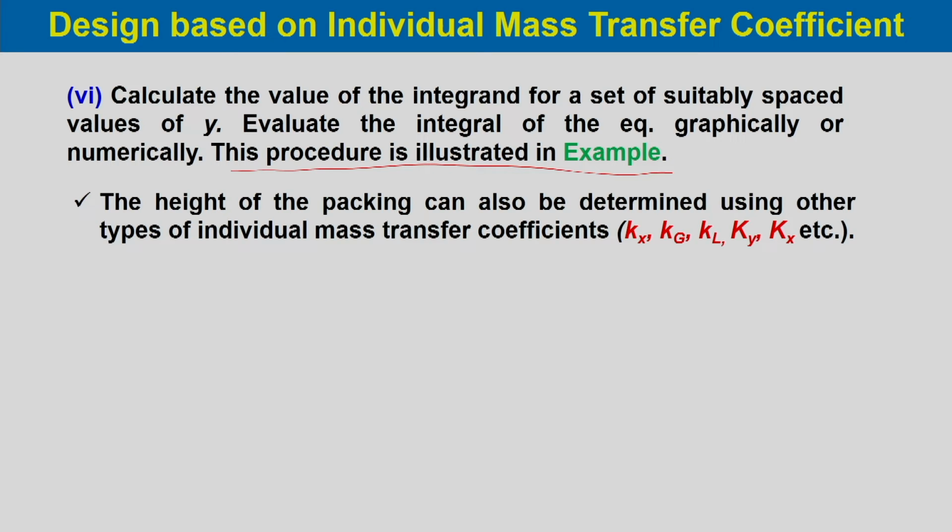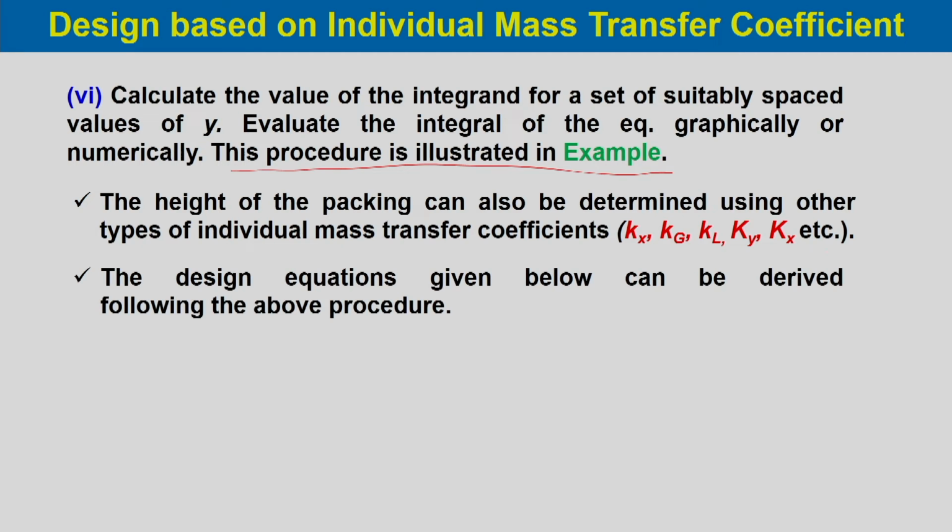The height of the packing then can be determined using the other types of individual mass transfer coefficient. It may be kx, kg, kl, capital Ky, capital Kx and so on. The design equation given below can be derived following the above procedure.